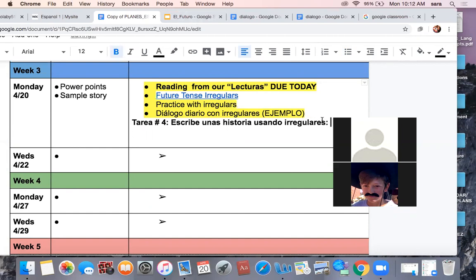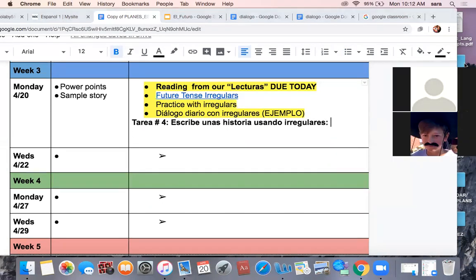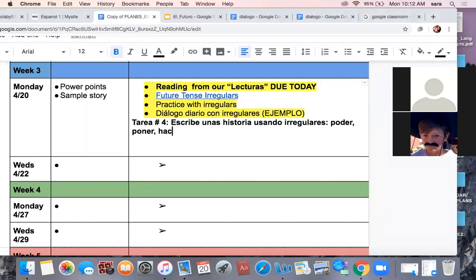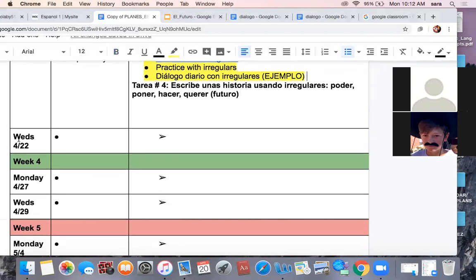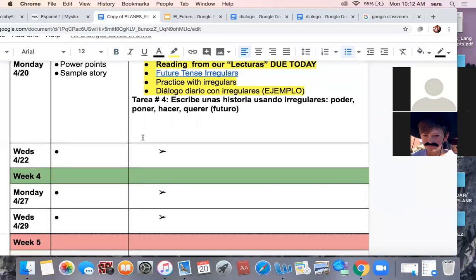Let me put the ones that I... So, which one do we do? Poder, poner, hacer, querer. Okay, and of course this is in the future tense, futuro. So this is not a dialogue, this is a story, okay? And this is due Wednesday. Se entrega el miércoles, okay?